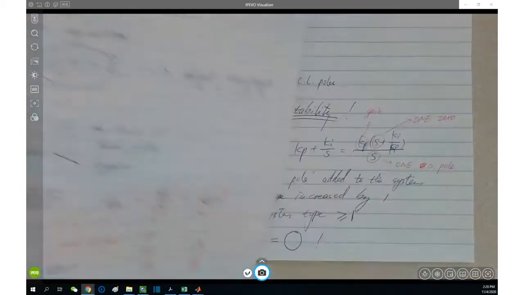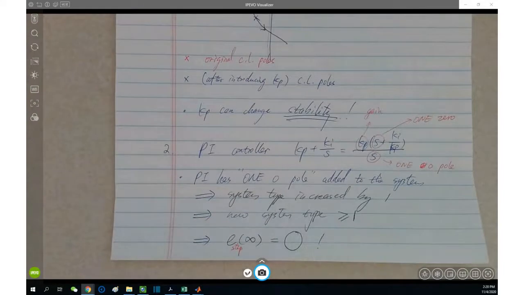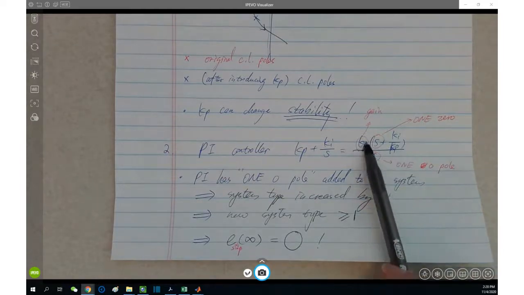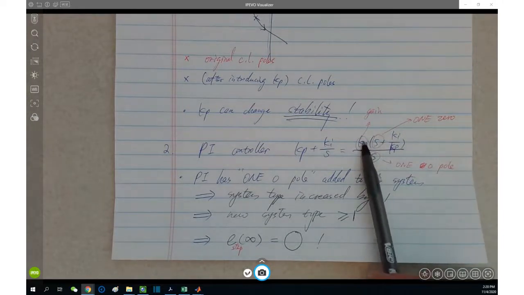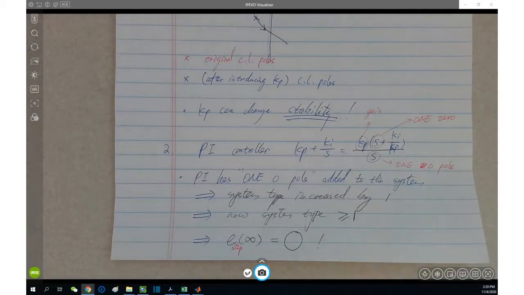Guaranteed. It's the first thing you need to keep in mind. And later on you can play with the zero location and value here to improve the root locus, therefore further improving the transient. Any questions?